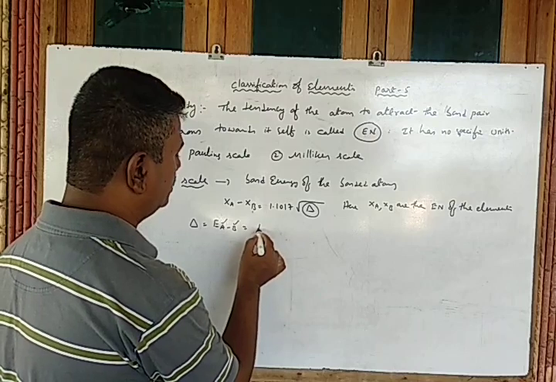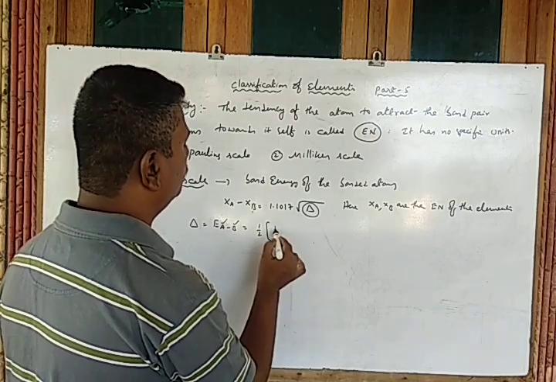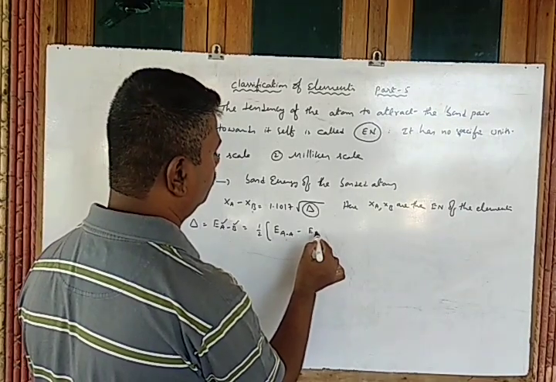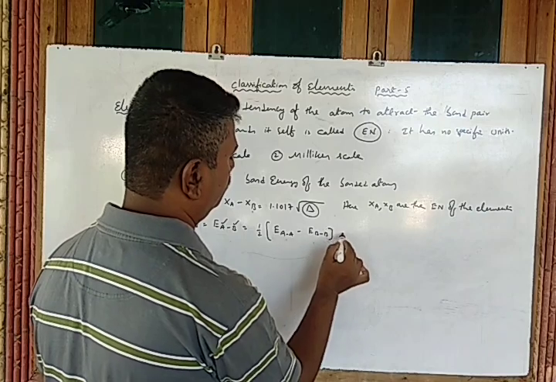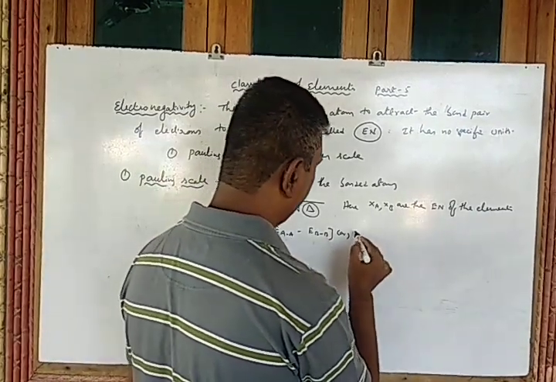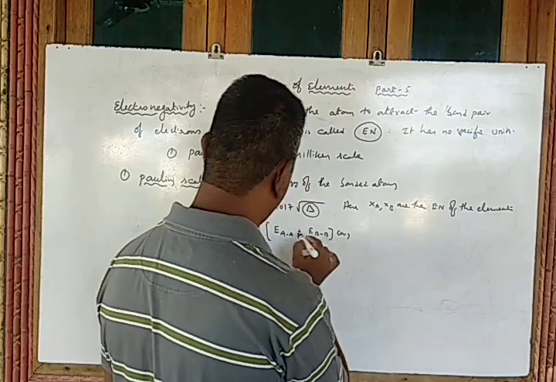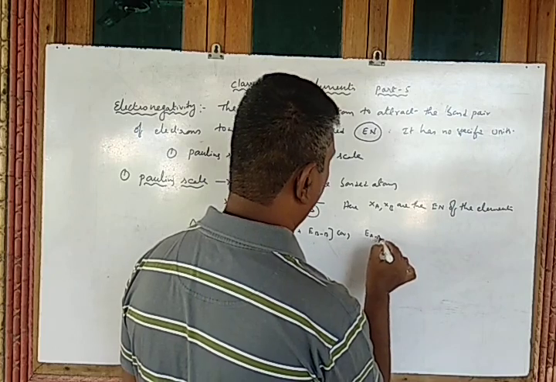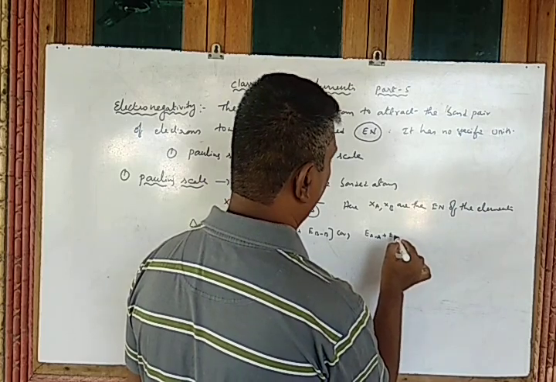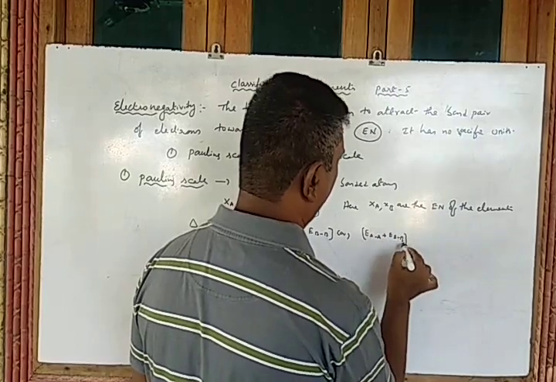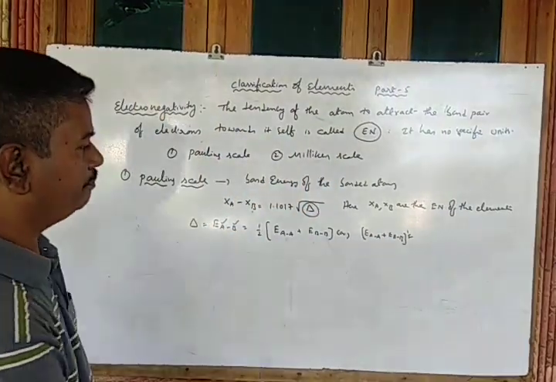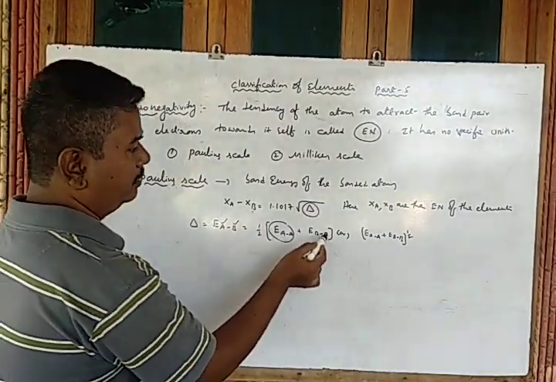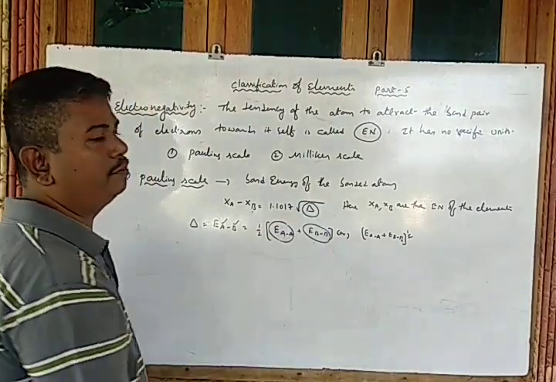So that will be defined as 1/2 into... So this is the bond energy of monatomic, and this one is also the bond energy of monatomic.